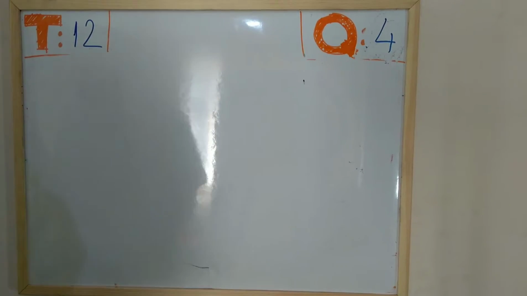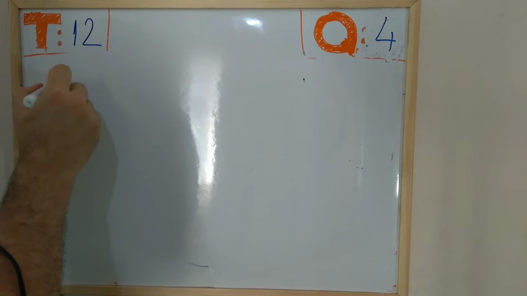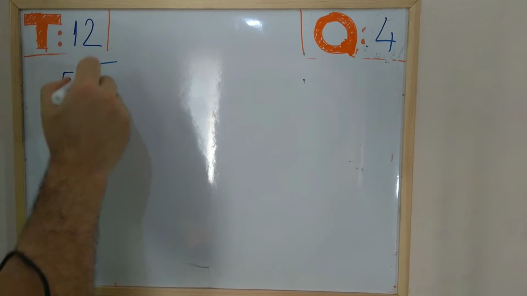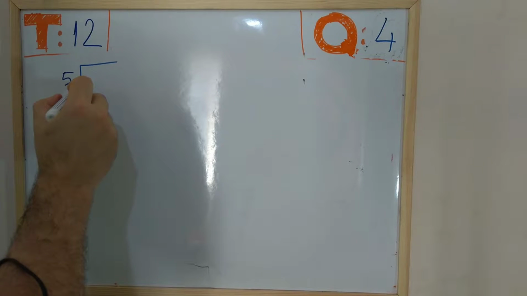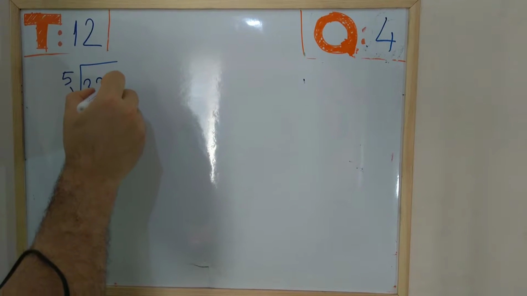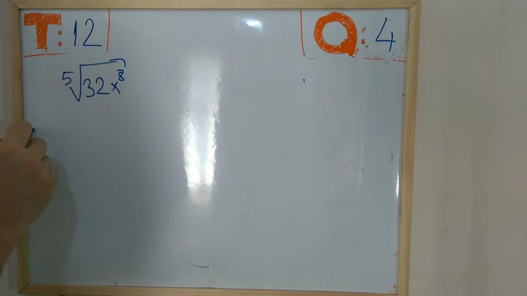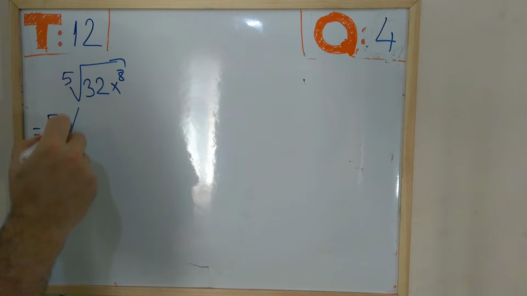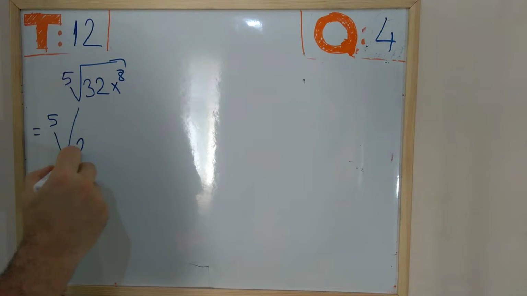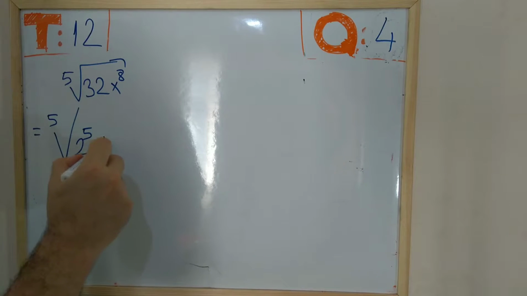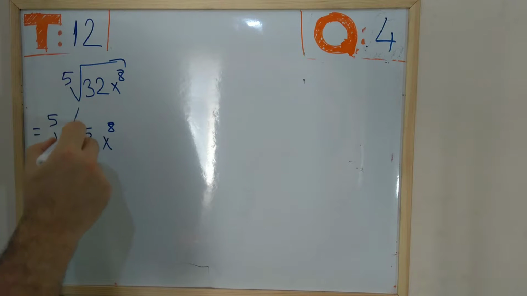Having a similar question here, which is the equivalent of the 5th root of 32x to the 8. Now, actually we can call this number the 5th root of, since 32 is 2 to the 5, times x to the 5, x to the 8.